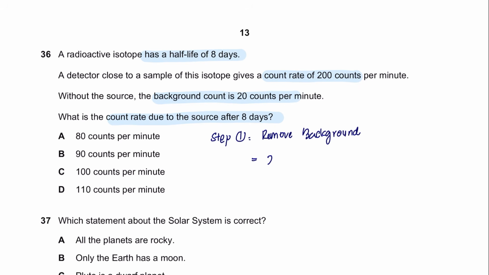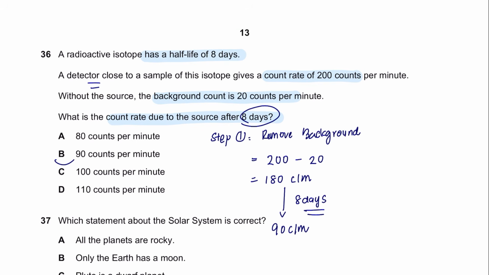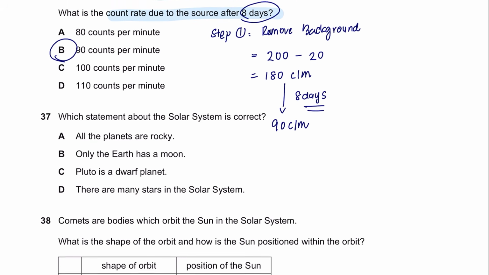So you have 200 at the detector minus your background, which is 20, giving you 180 counts per minute. So after one half-life, which is 8 days, the count rate will reduce to 90 counts per minute. So after 8 days, it would be 90 counts per minute. Your answer is B.